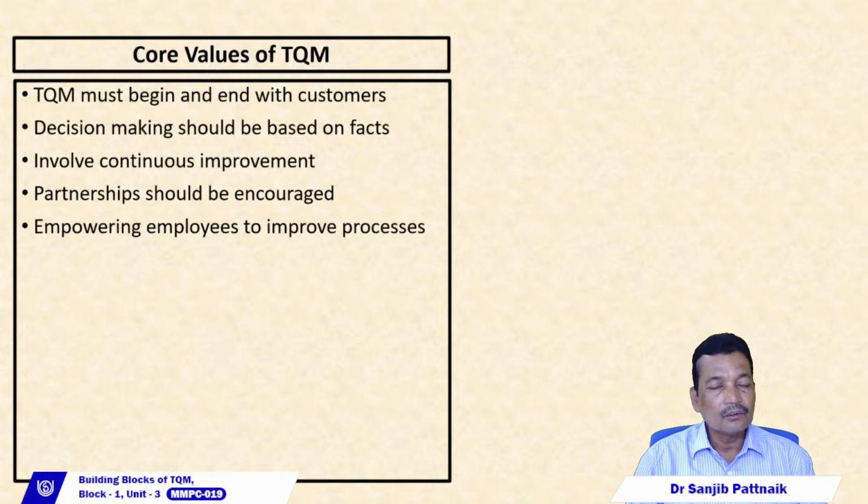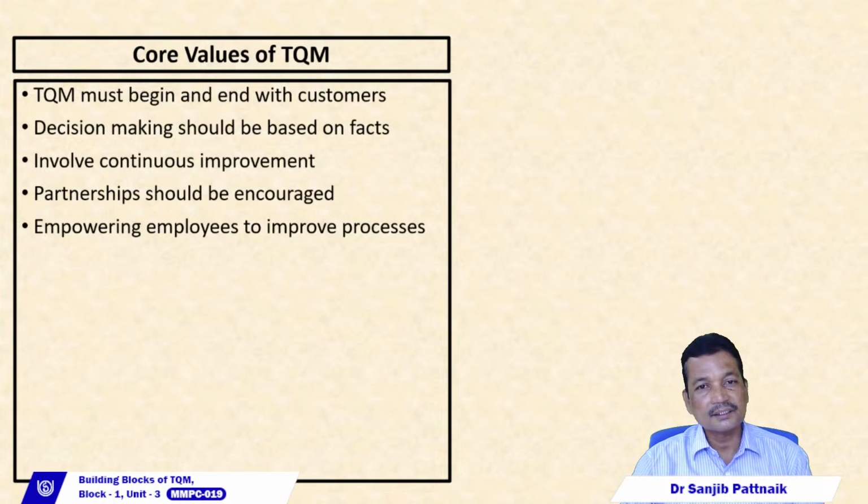Always remember, as an organization, whatever we do, we produce items, be it goods or be it services, and which has to be passed on to the customers. So it is the customers who, in a sense, move the organization in a particular direction. So TQM must begin with customers.